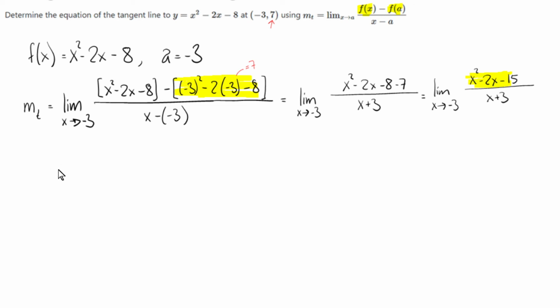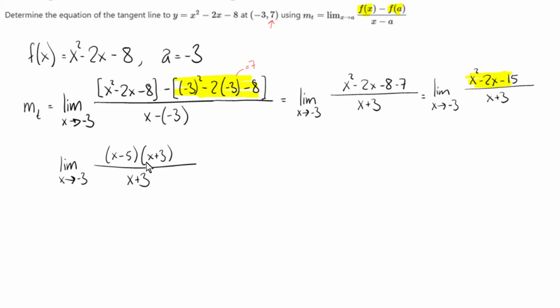It can be factored as x minus 5 times x plus 3. We can check that. -5 plus 3 is -2. -5 times 3 is -15, so that's correct. Denominator is x plus 3.